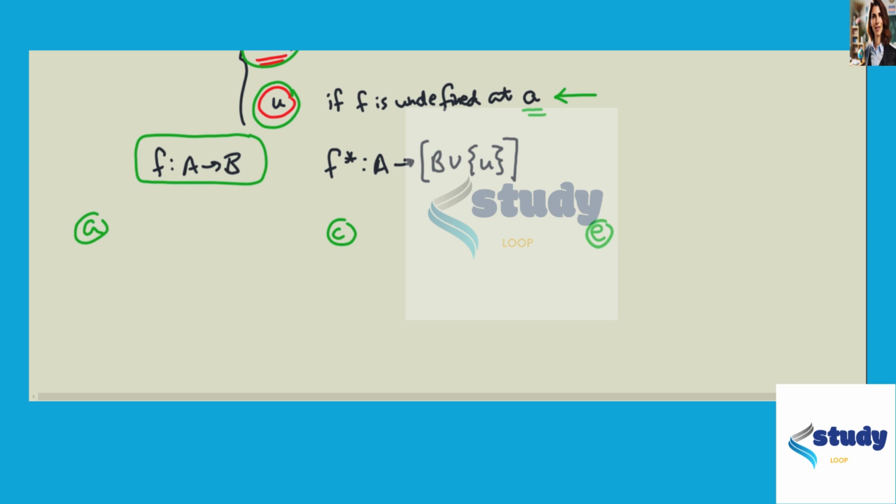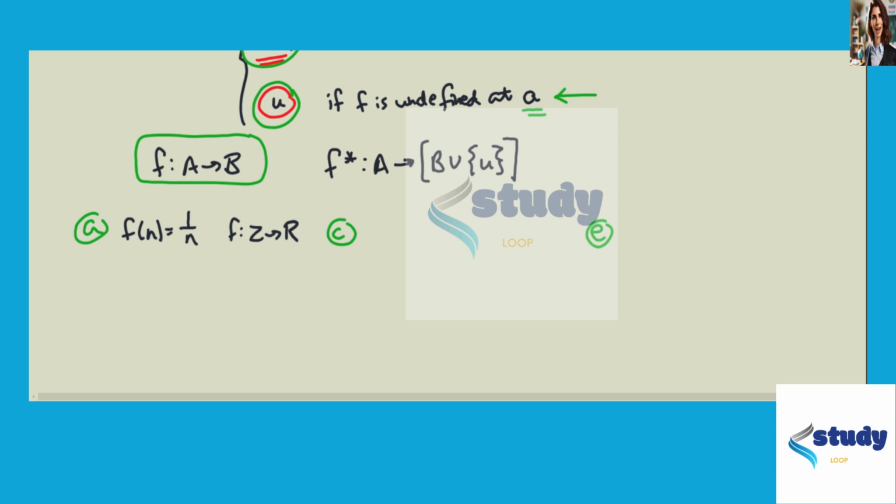A, going back to 79, is a function f of n equals 1 over n, and f was a function from Z to R. Now, in each of these cases, I'm going to just be simple across the board. I'm going to say that my u is going to be the imaginary number i. As long as u is not in the set B, the set that you're going to, you can pick any u you want, but I'm just going to be consistent and use the imaginary i.